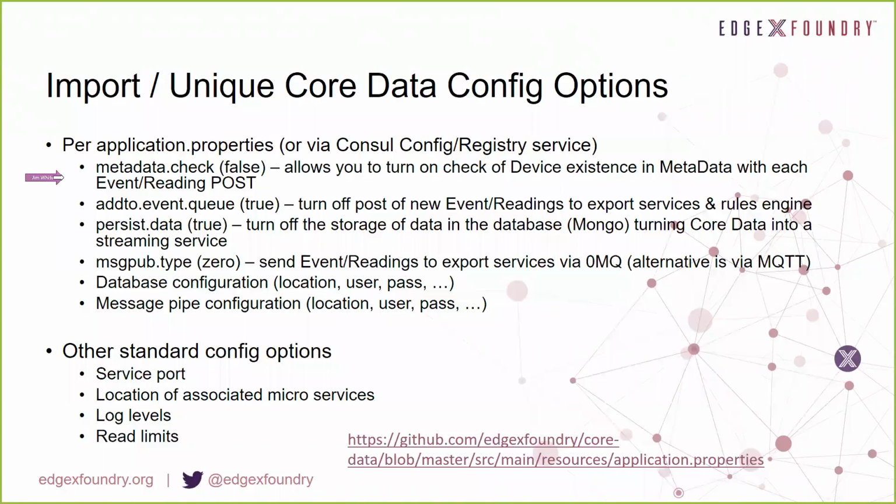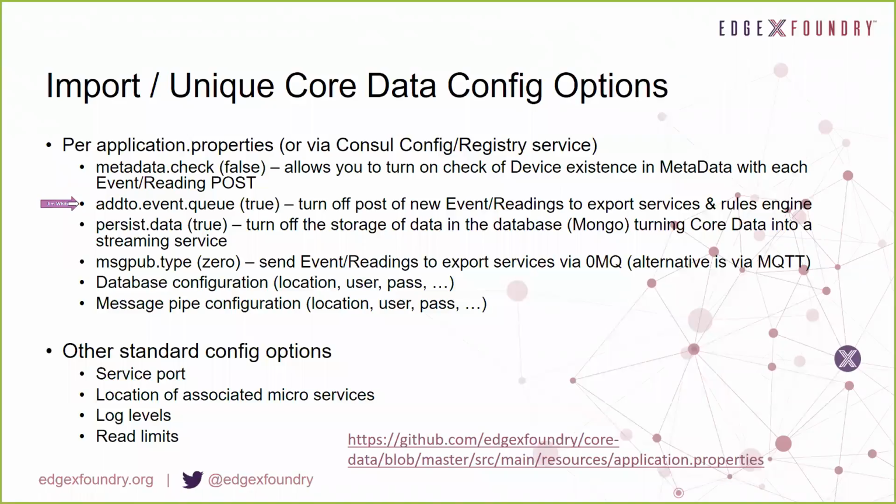So if you trust the device service to know its device IDs and know that they're going to exist, you can skip checking with metadata to ensure that the device ID is correct. That reduces the amount of traffic between microservices and obviously improves performance. There's also an option in the configuration to turn off the data going up to the northbound services via either the MQTT or 0MQ message bus.